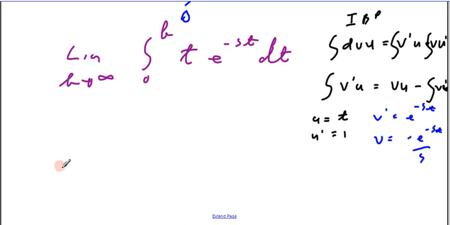Okay, so now we come back to our limit. B goes to infinity. And what do I got?